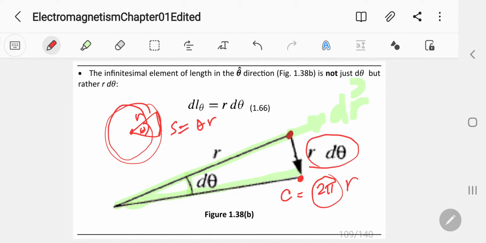So you can separate r squared, sine theta, and d phi. Usually if you have azimuthal symmetry, then this would automatically be 2 pi. In this case, you are integrating within the correct limits. So the sphere with radius r has a volume of 4/3 pi r cubed.